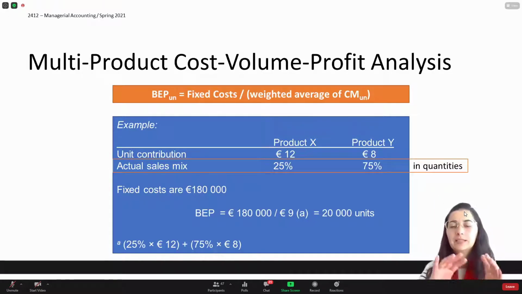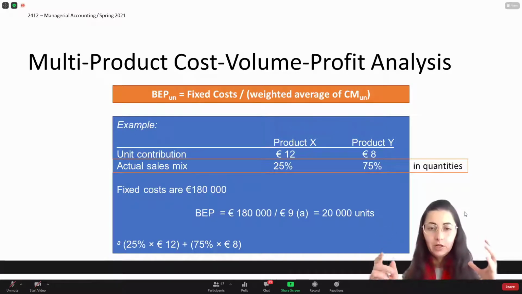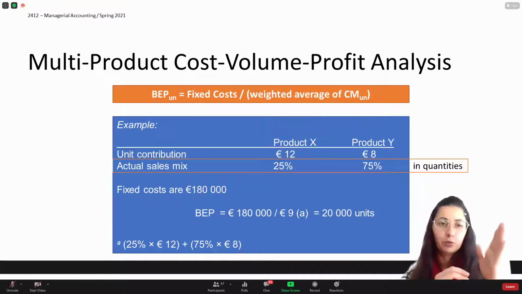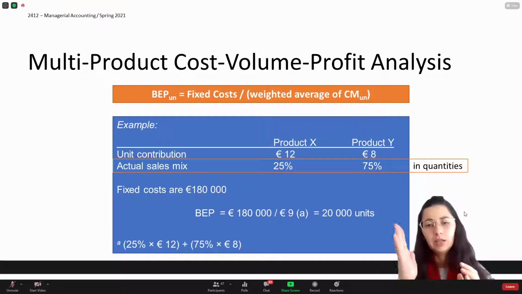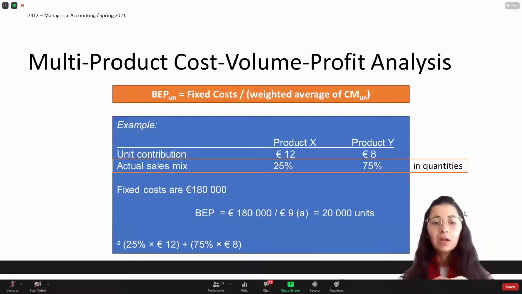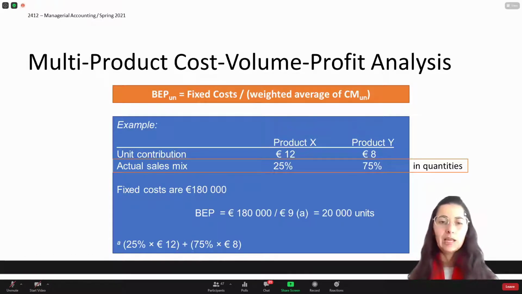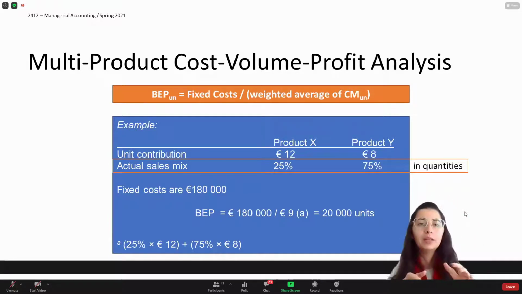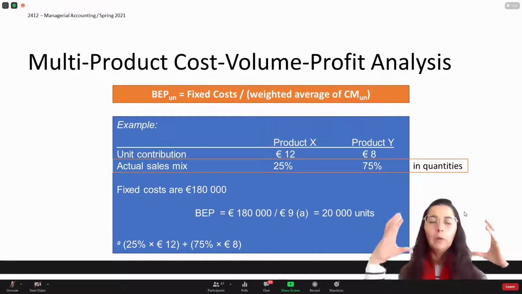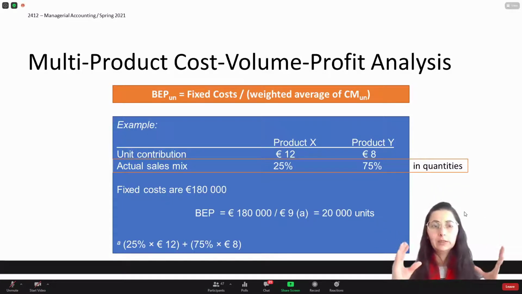If the company sells in total 100 units, 25 units are of product X and 75 units are of product Y. We calculate the weighted average contribution margin: 25% times 12 plus 75% times 8. Then we apply the same break-even formula, and this will be the global break-even point in units.